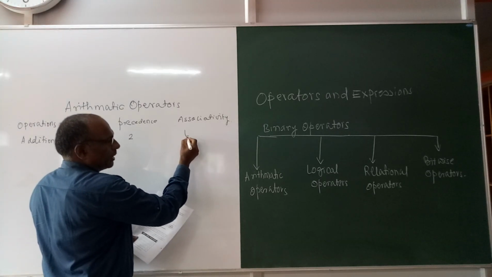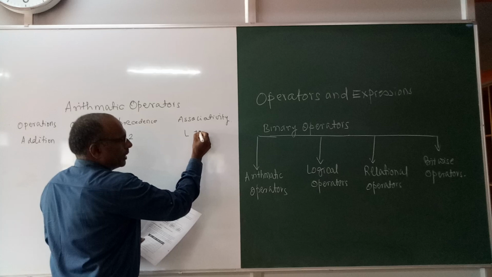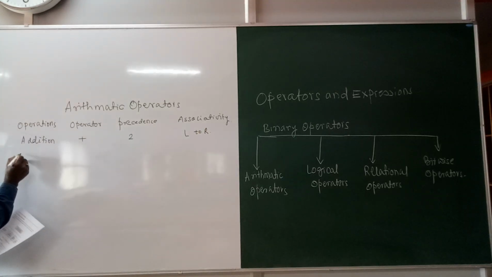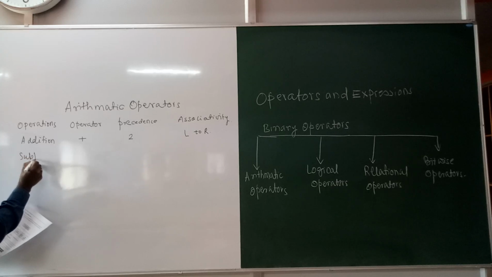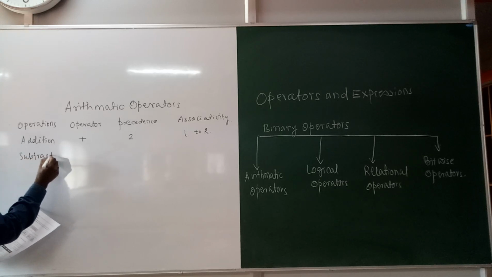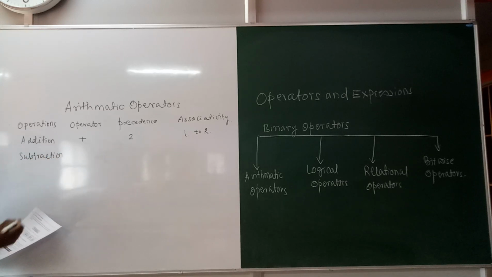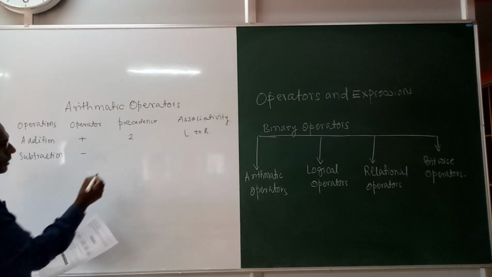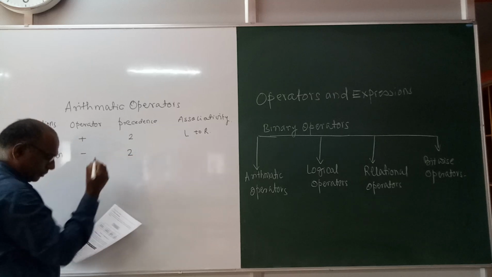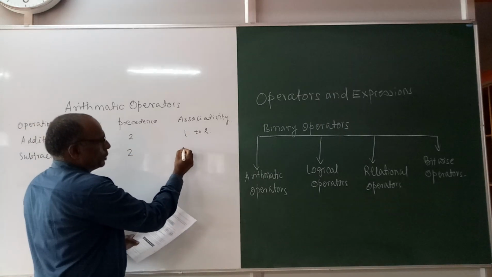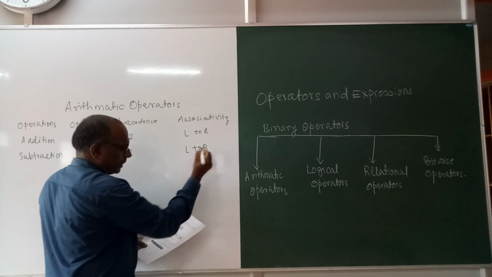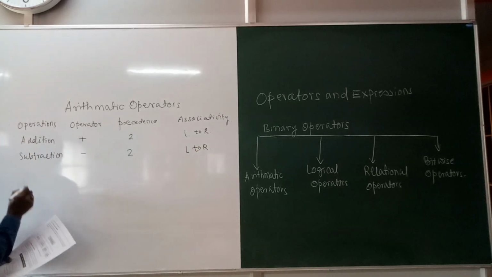Associativity is L, which means left to right; R means right to left. Subtraction: the sign is minus here, as usual. Precedence is 2 and the associativity is L to R, left to right.